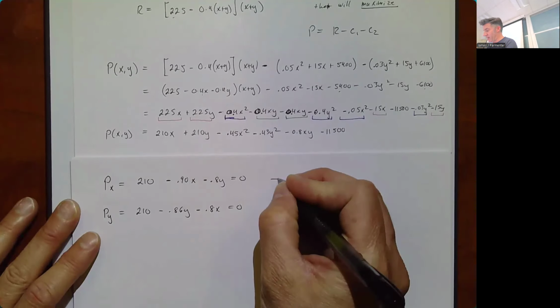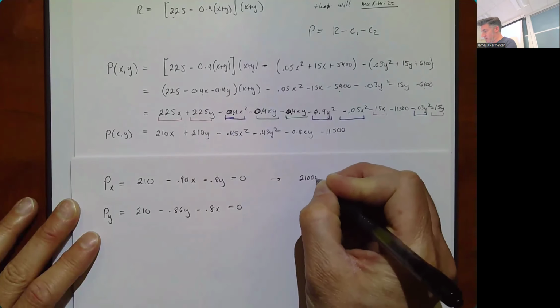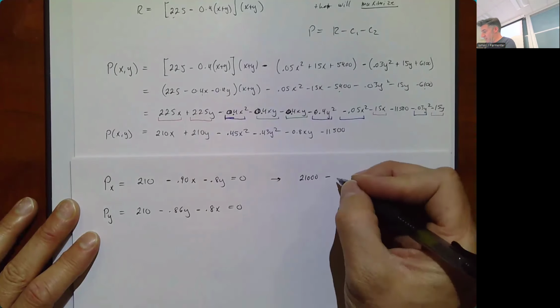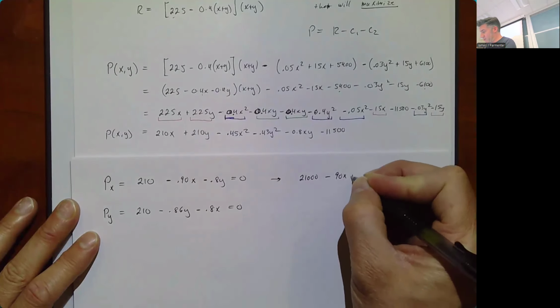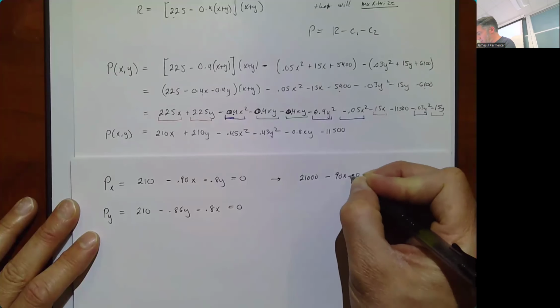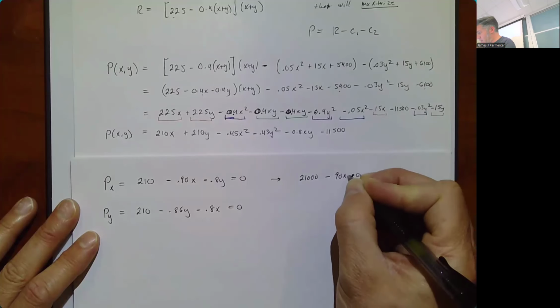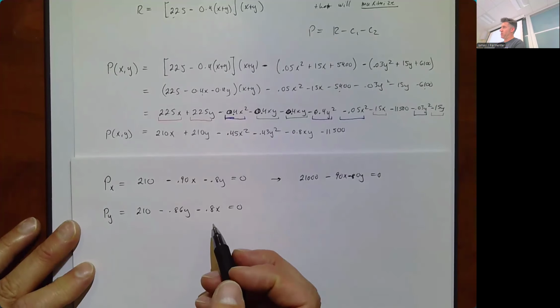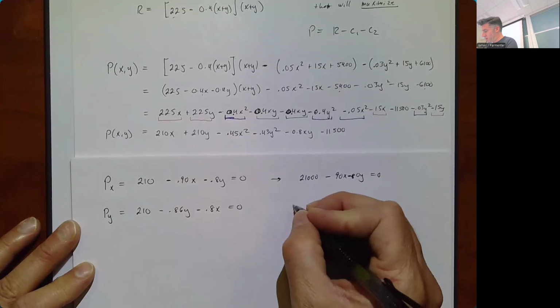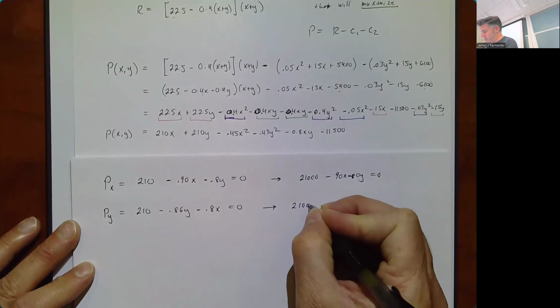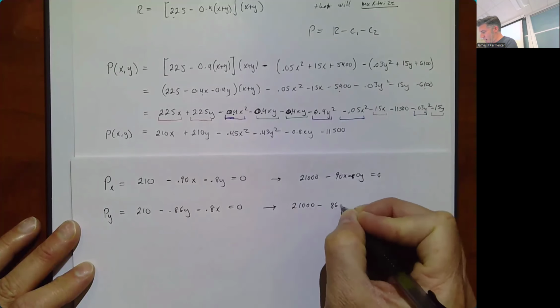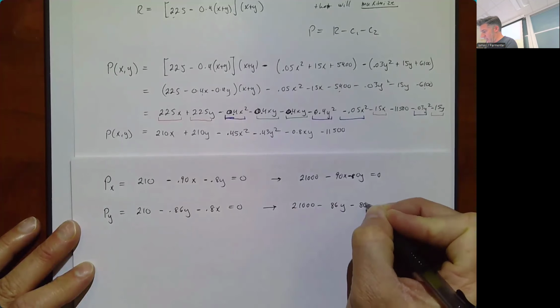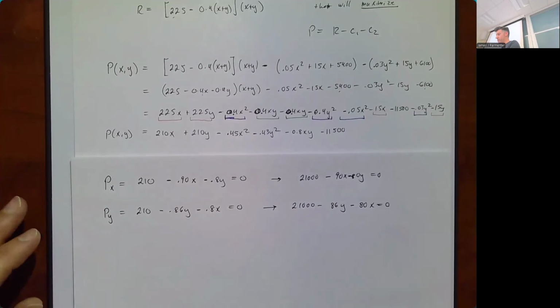So I might rewrite this as 21,000 minus 90x minus 80y equal to 0. We could have gotten away with multiplying this one by 10, but since this one was going to be 100 as well, I figured I should do both the same way. This one's going to be 21,000 minus 86y minus 80x equal to 0.